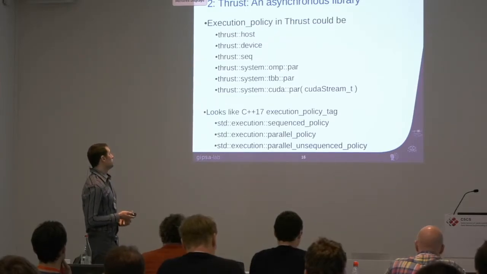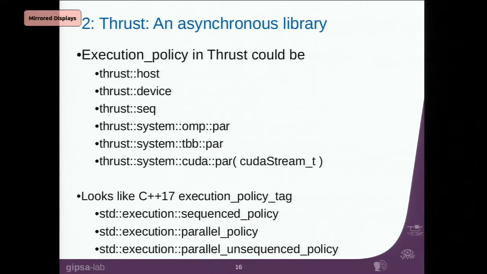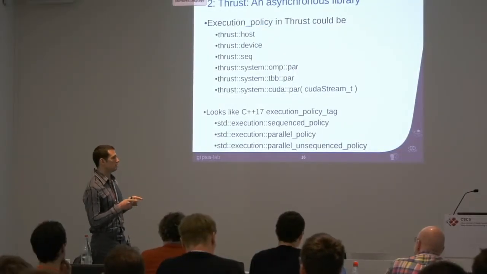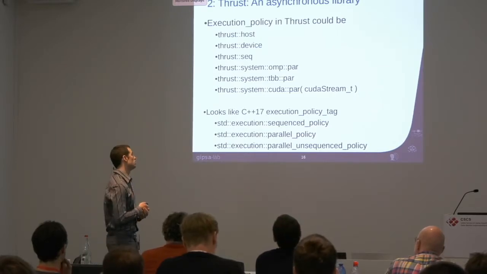Okay, what is an execution policy? Thrust has a concept of execution policy that allows you, when you have a specific operation, for instance the inclusive scan we've seen earlier, to launch it explicitly on the host, on the device, or to launch it sequentially, which could be interesting, for instance, if you are debugging and you have an associative operator, but you want to have the same result every time, so you have to compute the operation in order.